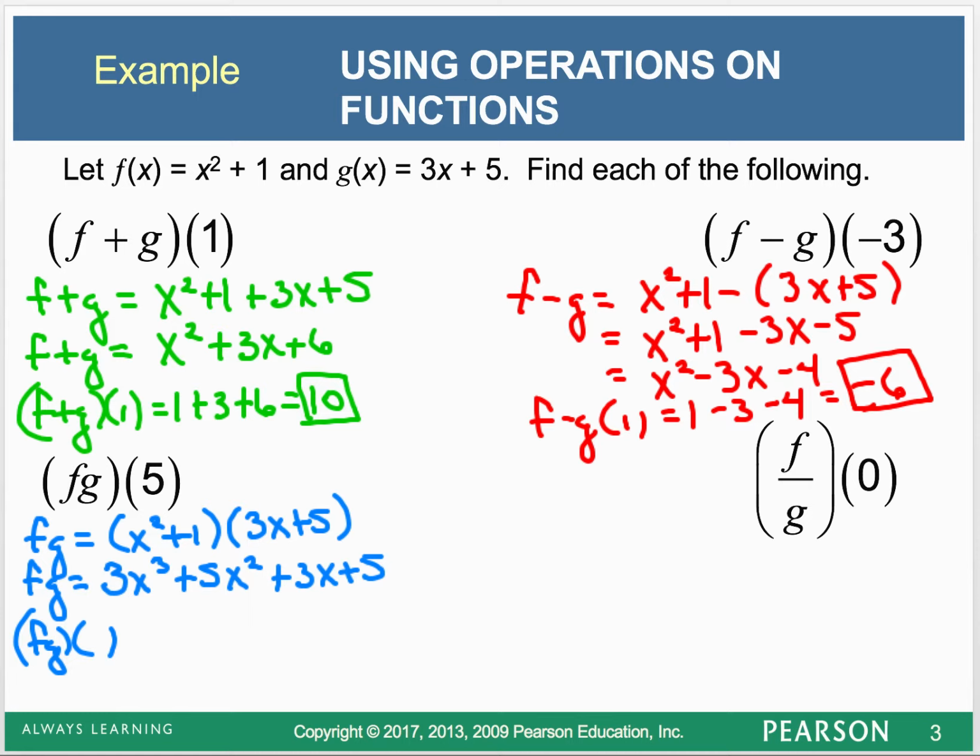Let's see, fg of 5, then I would have 3 times 125, because 5 cubed is 125, so 375, plus 25 times 5, plus 125, plus 15, plus 5. So this would equal 520.